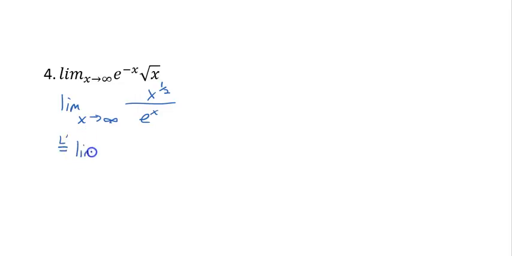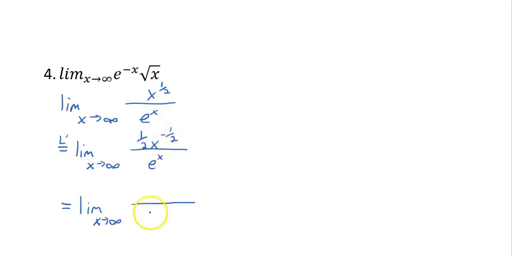Keep our limit notation and then take our derivative. Well, the derivative of x to the 1/2 would be 1/2 x to the negative 1/2. The derivative of e to the x is e to the x. And then with those power rules, this actually becomes a fraction with just the 1 on top, because that x to the negative 1/2 is going to move to the bottom.